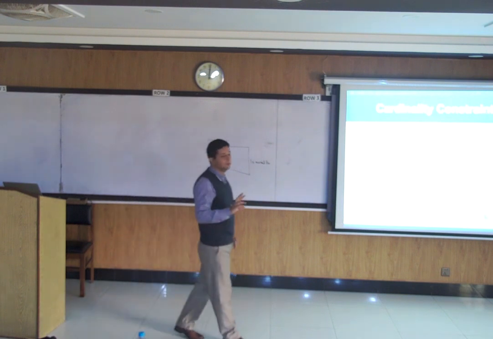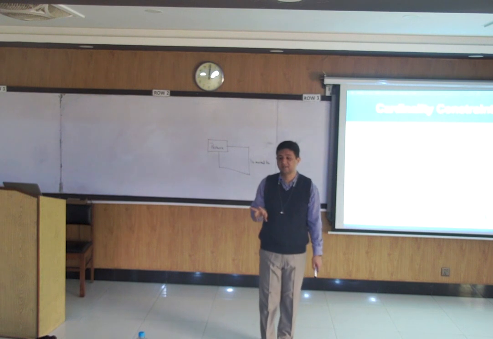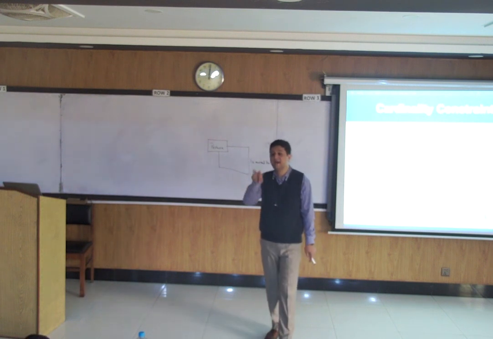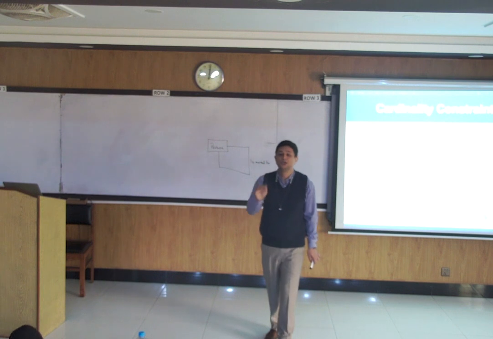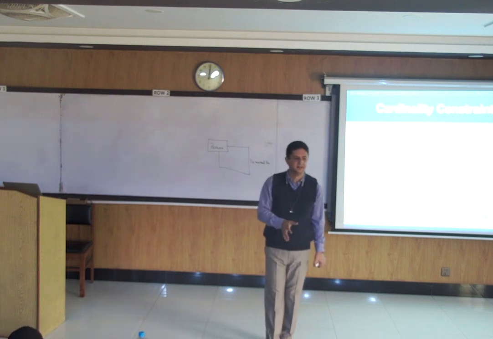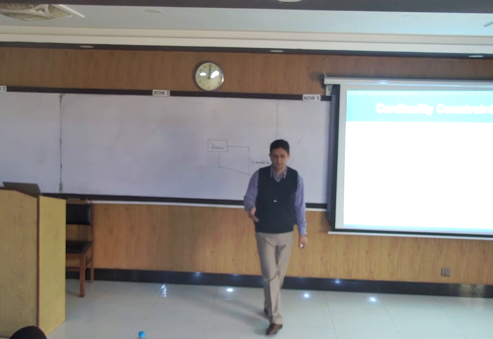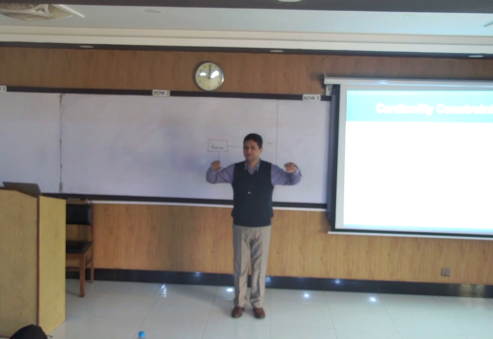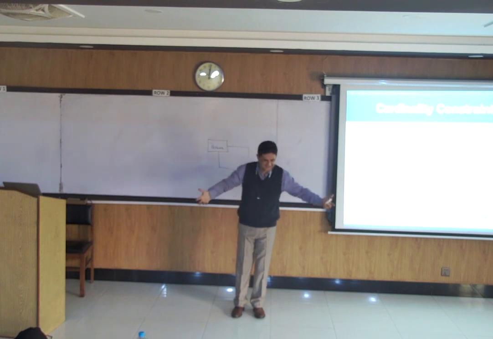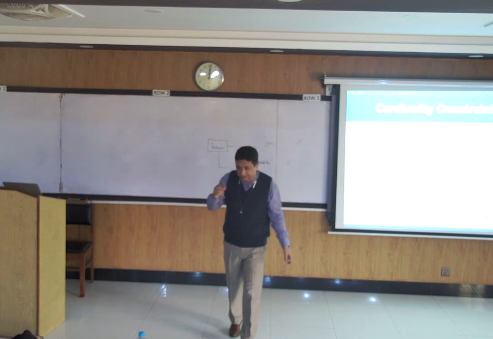Because both instances participating in the marriage relationship belong to the same class, and that class is person. So a person is married to a person. The two roles in this relationship are the husband's role and the wife's role. Both the roles are played by the instances who belong to the same class, and that is a person's class. So this is a unary degree relationship.